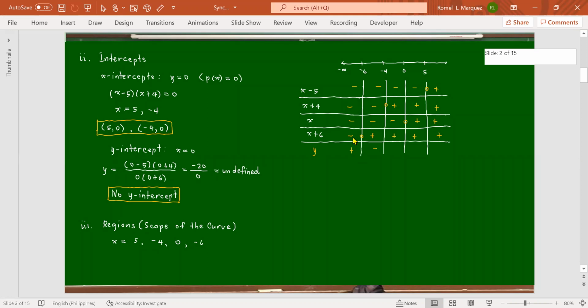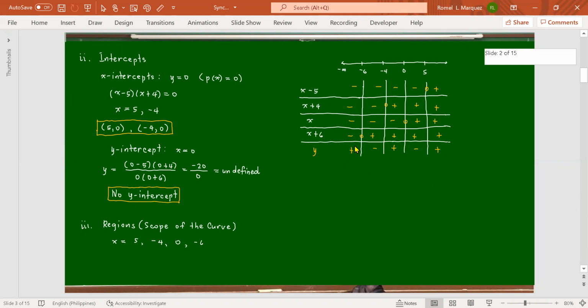In the denominator, negative, negative, positive also. So the quotient is positive. Positive over negative is negative. Negative over negative is positive. Negative over positive is negative. The signs alternate, right? What does it mean?